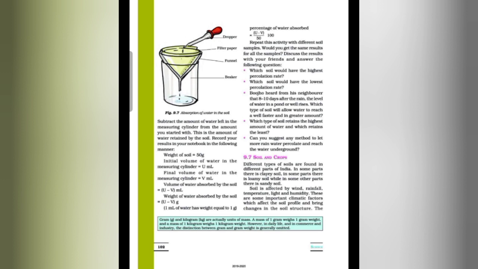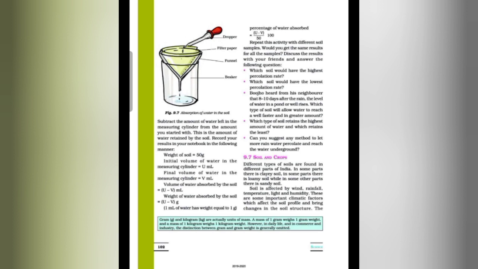Suppose it is x ml, or according to your textbook, suppose the initial volume of water in the measuring cylinder is u ml, then the final volume of water in the measuring cylinder is v ml.